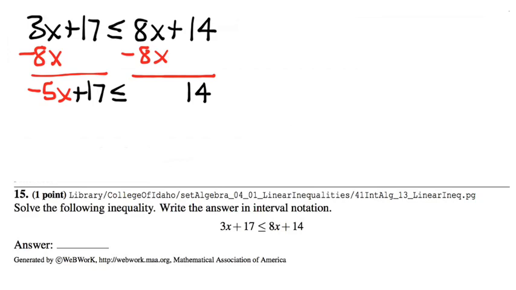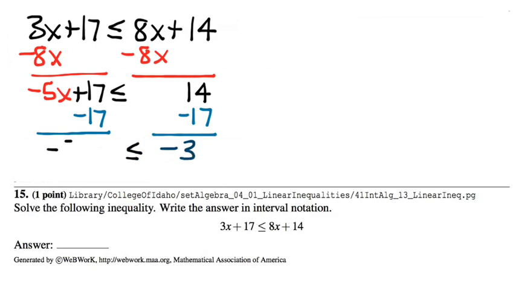Okay, after which I want to subtract 17 from both sides, which when I subtract from the right-hand side, 14 minus 17 is going to give me negative 3. I have a less than or equal to here, and I'll have negative 5x. And then my last step to get that x by itself is going to be to divide by negative 5, which is going to succeed at getting the x alone.